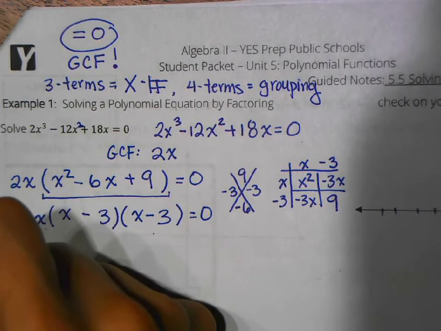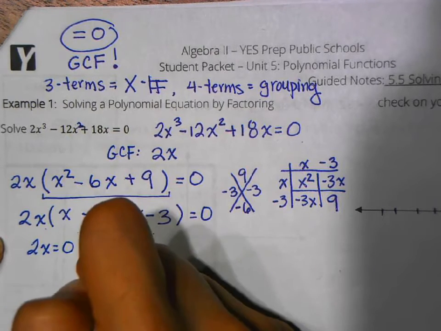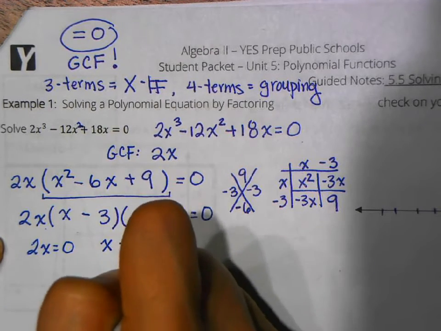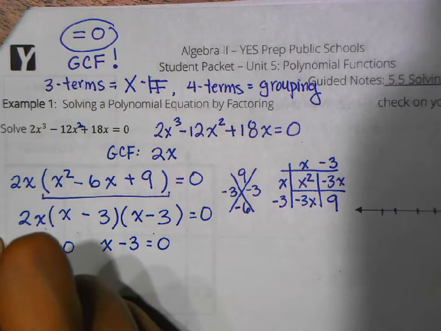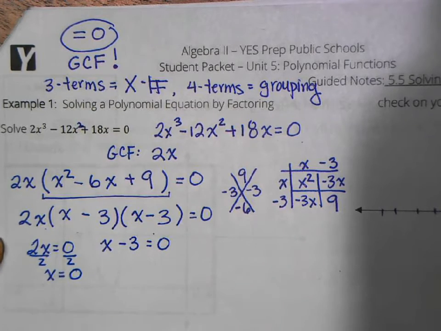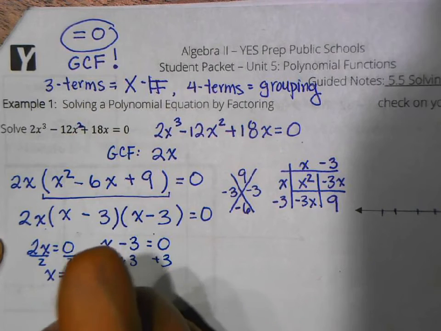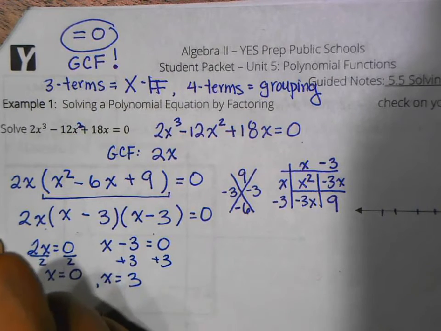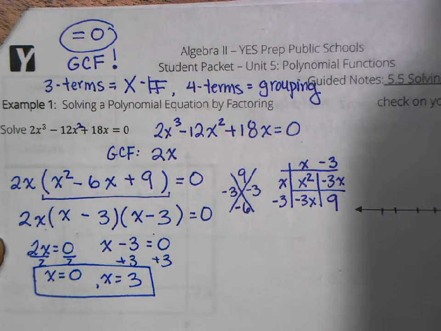So in this case, I would set each equal to 0: 2x equals 0, x minus 3 is equal to 0. Solving it, divide by 2 on both sides, so x equals 0. Add 3 on both sides, so x equals 3. I have solved my polynomial equation.